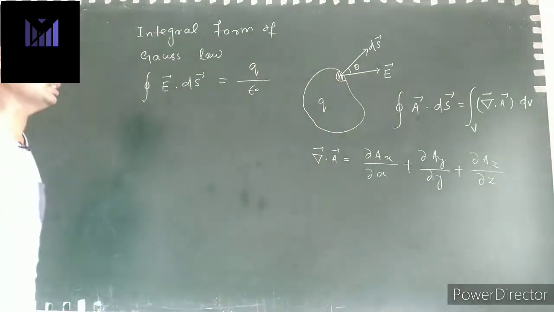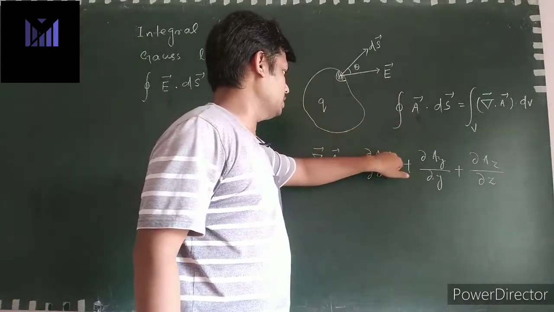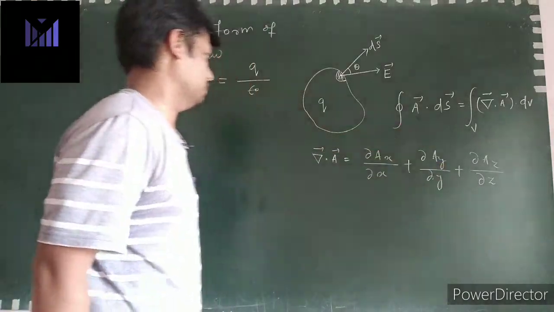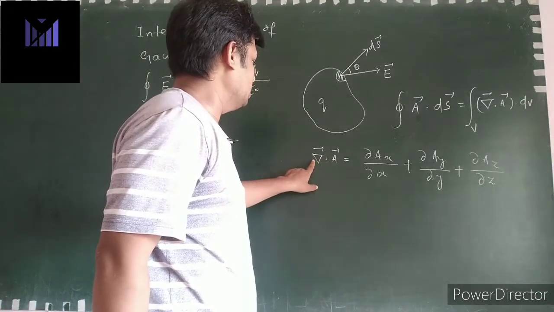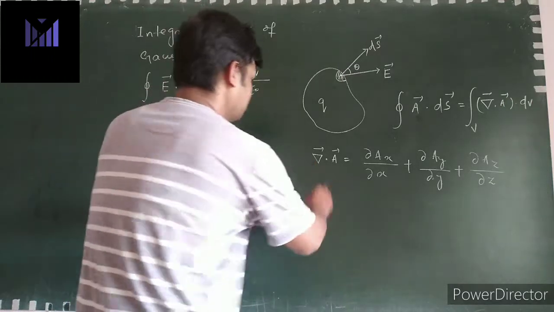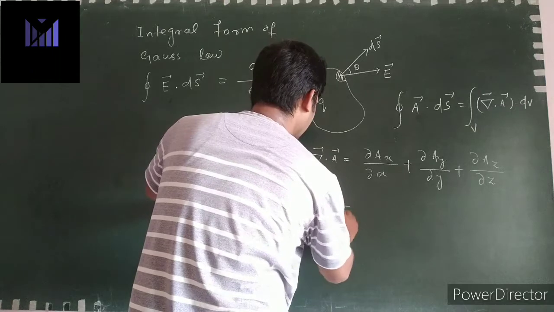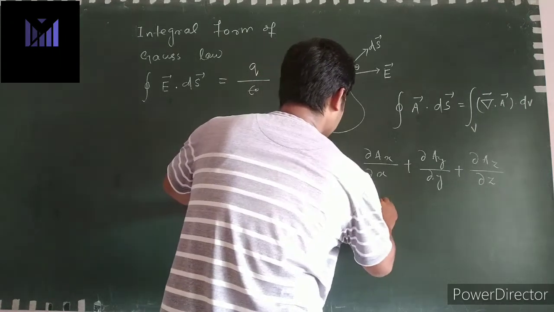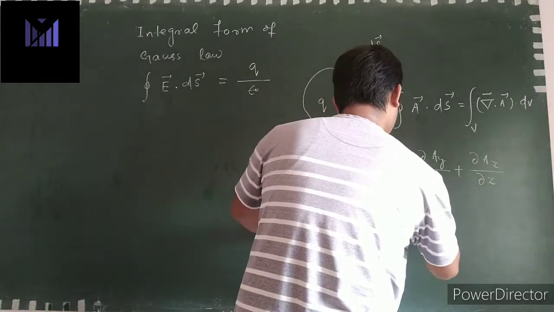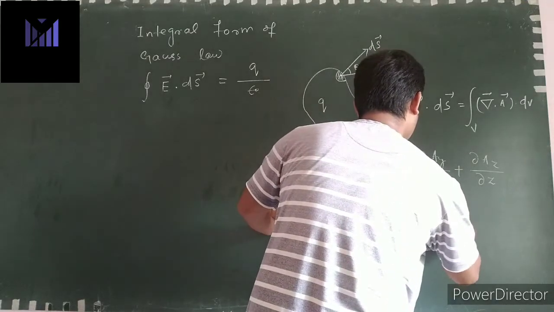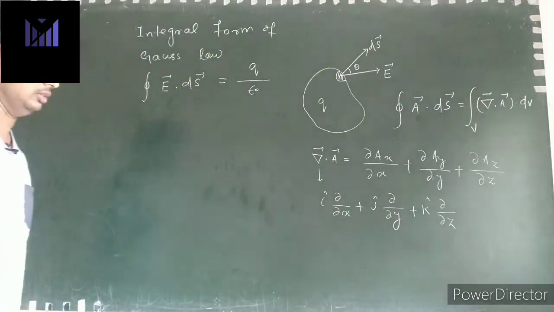Here Ax, Ay and Az are the components of the vector along the x, y and z directions respectively. Here the dot product means del dot A, where the del operator is a vector quantity represented by i cap del by del x plus j cap del by del y plus k cap del by del z. The del operator is represented by this vector.